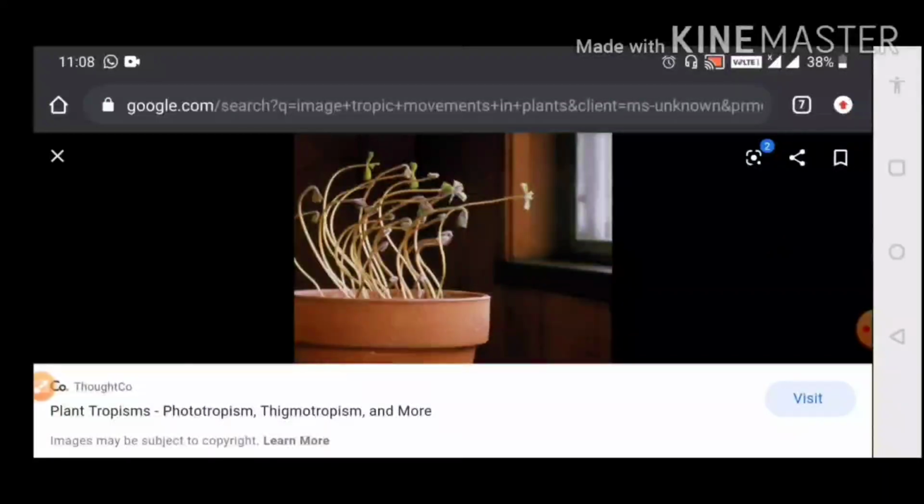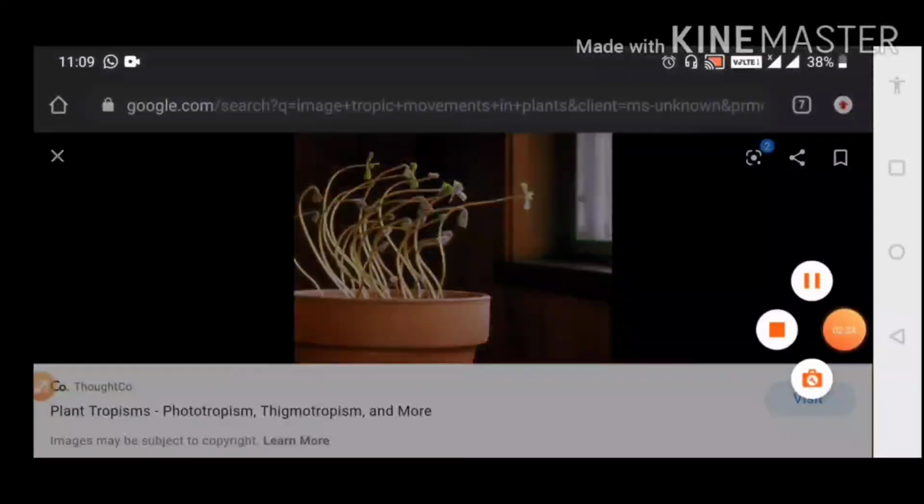So what is this kind of tropic movement called? It is a phototropic movement because the stimulus is the light, and this is positive phototropism because the plant body, like the stems and the leaves, are moving towards the light. That means the stem is showing positive phototropism, isn't it?